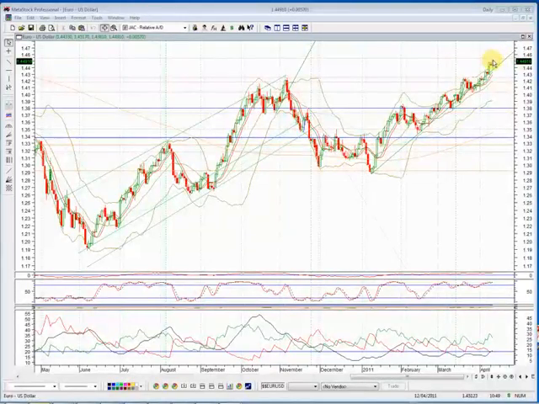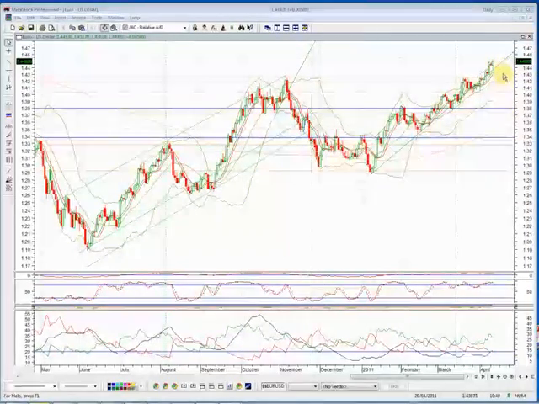We are approaching another resistance level today. We should be getting closer in the next few days, and then we should see some retracement or some sideways action on the Euro-US pair.